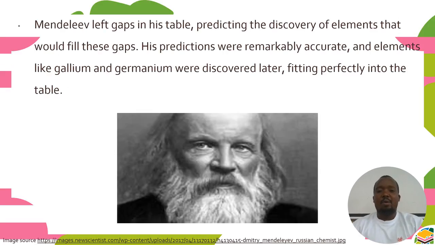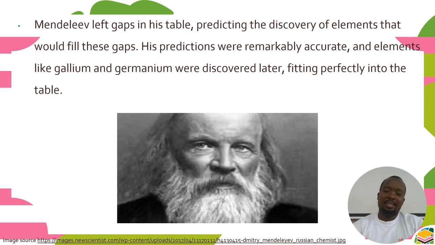However, he left gaps in his table, giving room to more elements, which by then were not discovered, because he was bearing in mind that more elements would be discovered with time. So his predictions were remarkably accurate, and elements like gallium and germanium were discovered later, fitting perfectly into the table.